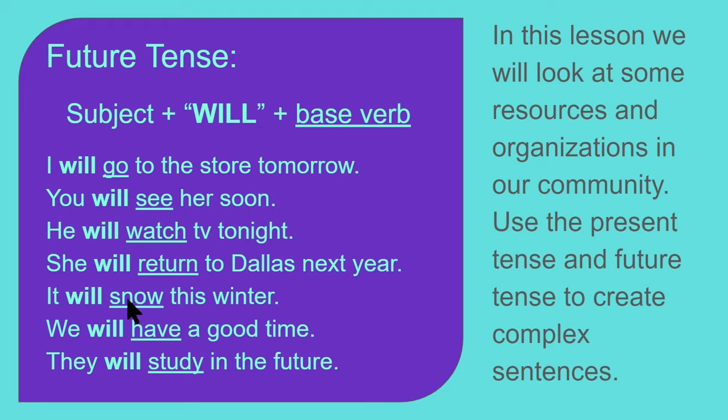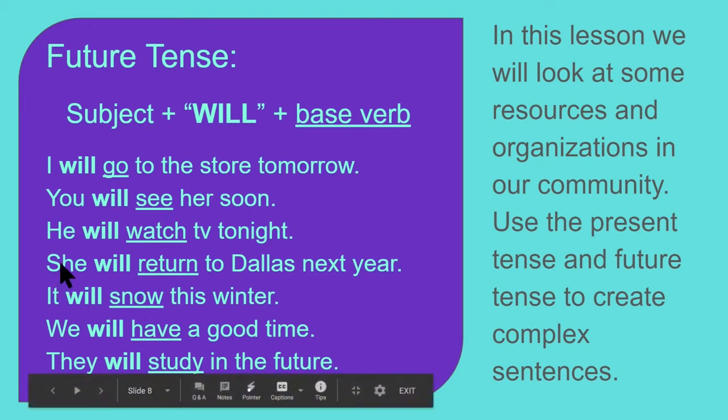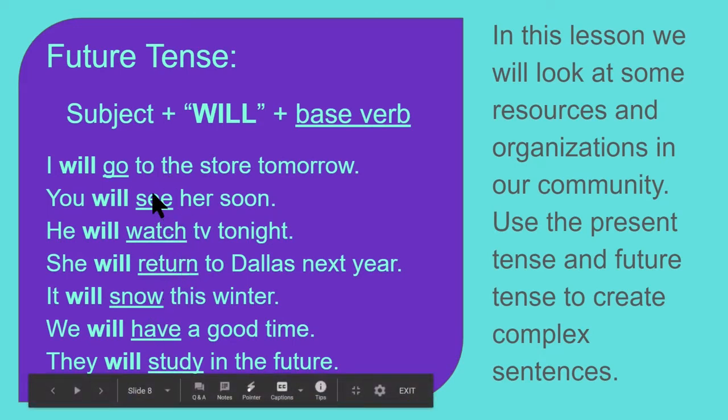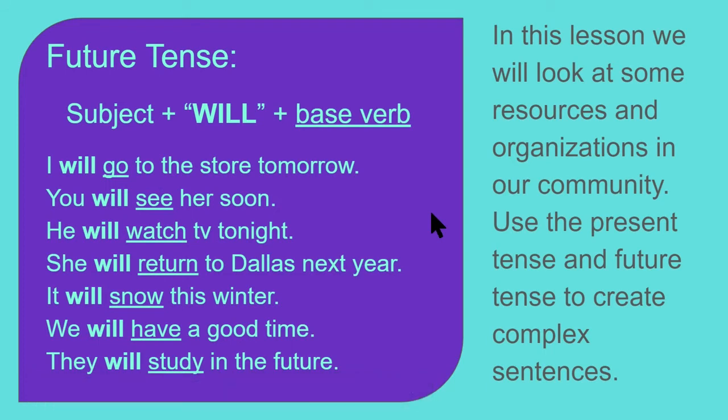So even though normally we would say he watches TV, when I'm using the future tense, with that helping verb, I don't have to add the S to the end of my verbs, right? So your teachers will be working on that lesson with you in your conversation class, right?